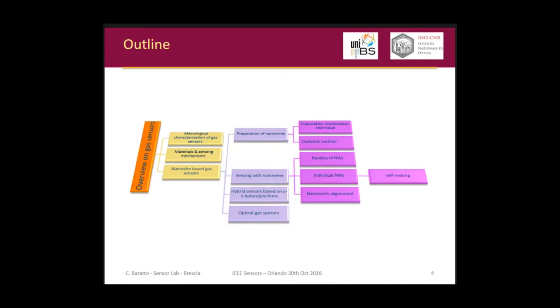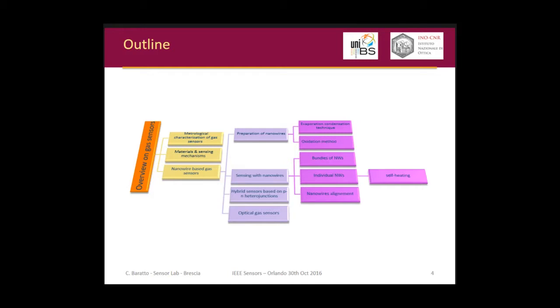So this is the outline of my talk. I will try to introduce the use of metal oxide nanowires for gas sensing. First of all, I will give a very brief introduction about the types, the names, and the methodological characterization of gas sensors. Then I will introduce materials and sensing mechanism, and we'll speak about the nanowires.